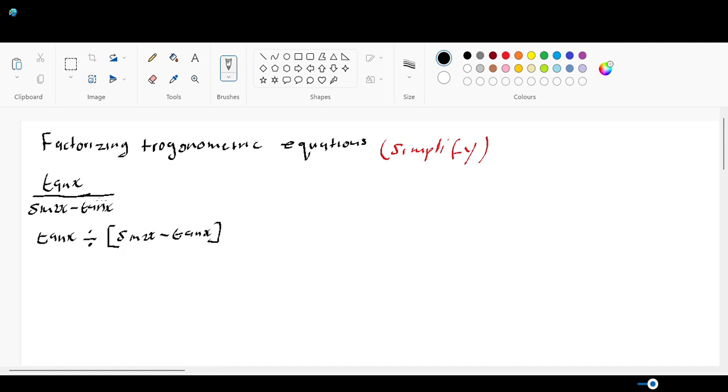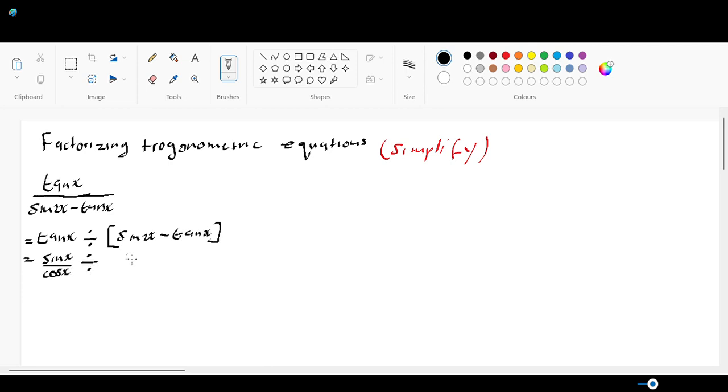Now the following step, which is what I usually tell people, is change the tan to sine x over cos x. Then from there you come to the following.